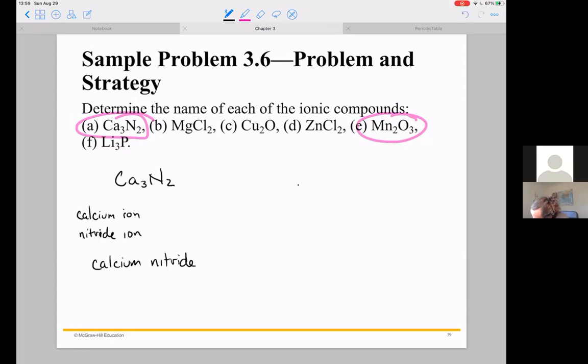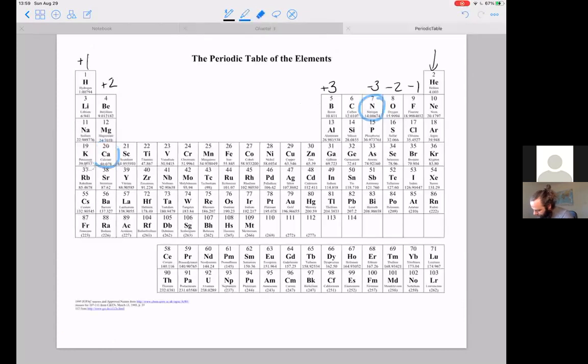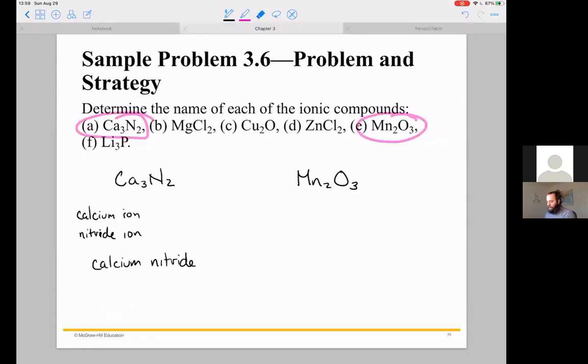All right, likewise, Mn2O3. I'm going to look on my periodic table. Oxygen is over here, but Mn is manganese, and that's a transition metal. So all of a sudden I have this extra step that I'm going to have to do, and that is looking at this molecular formula.